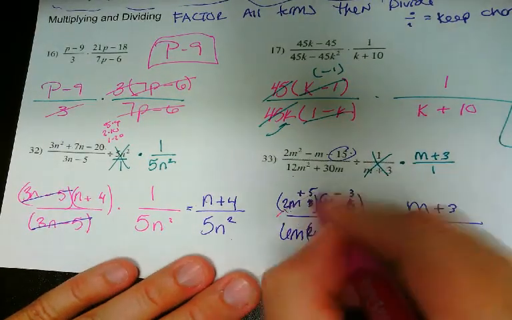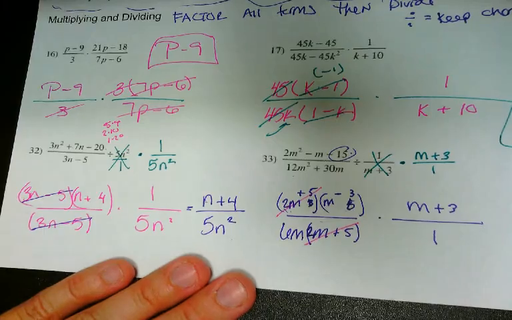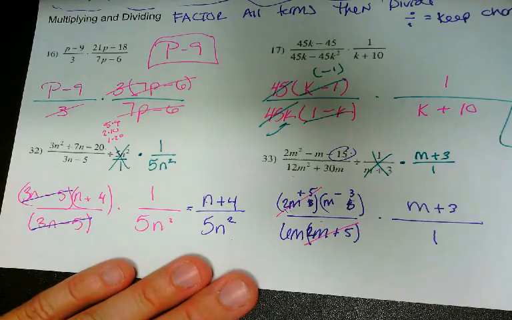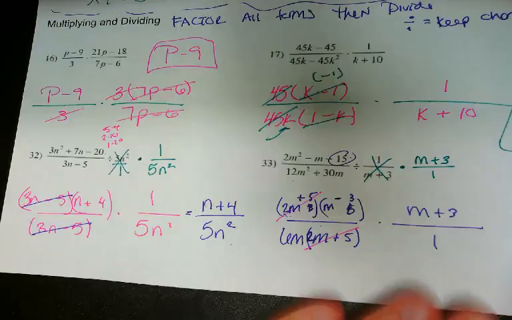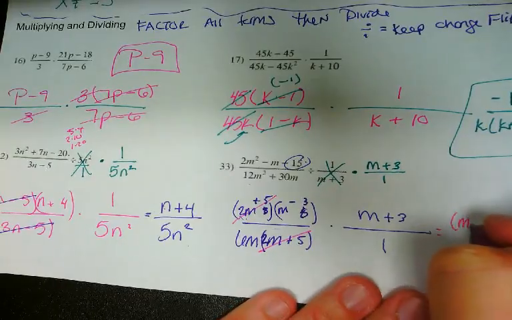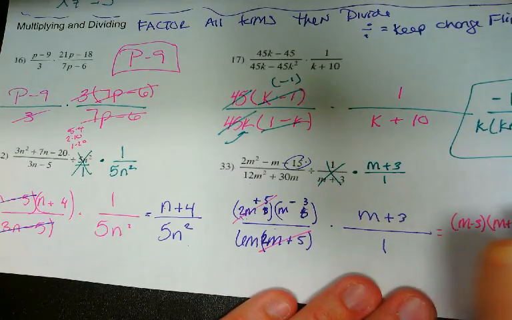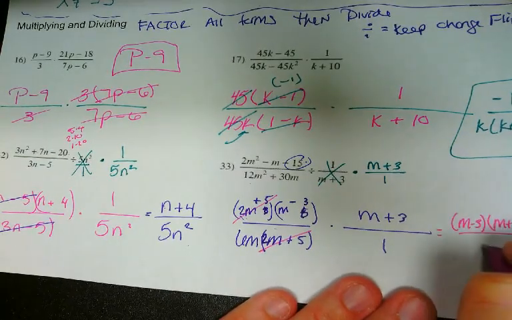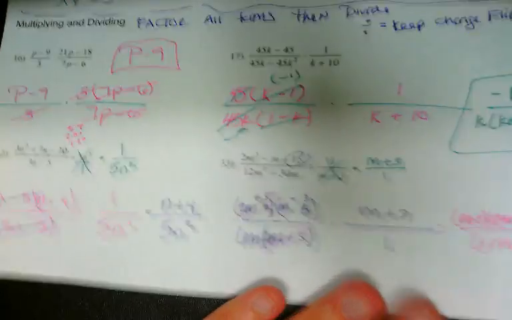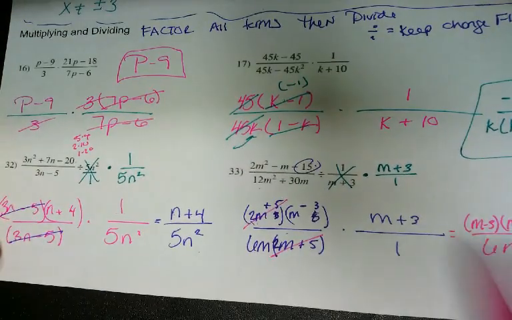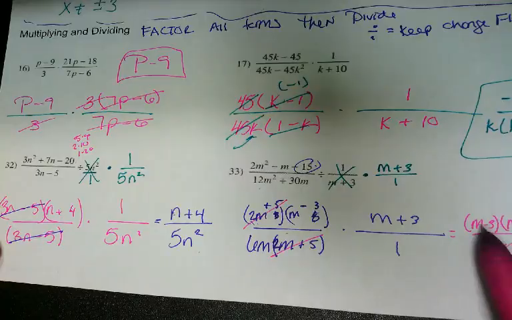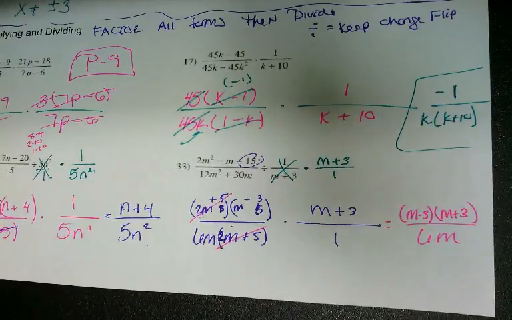So my 2m plus 5s are going to cancel, and I think that's it. So I have an m minus 3, an m plus 3, and a 6m. And again, I cannot cancel any of these m's. This is multiplication, that's addition and subtraction. So it just is what it is there.